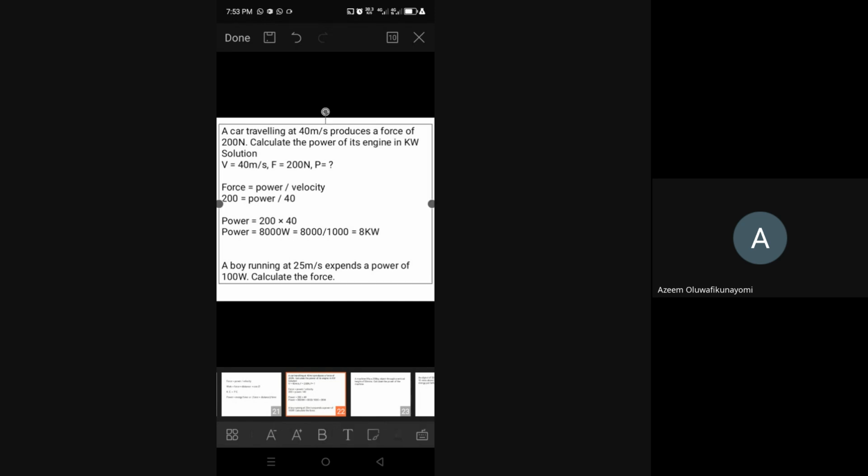A boy running at 25 meters per second expends a power of 100 watts. Calculate the force. Give me 0.25.